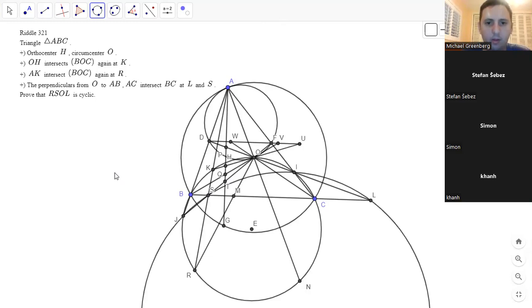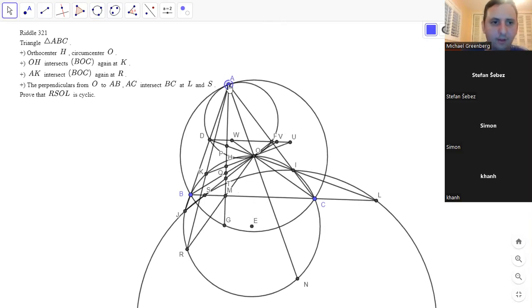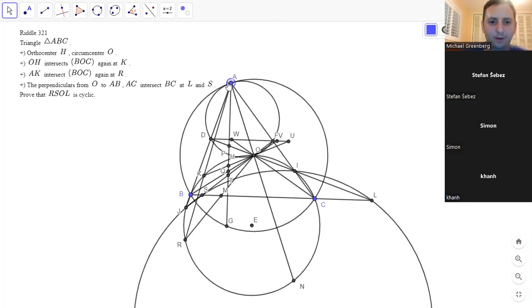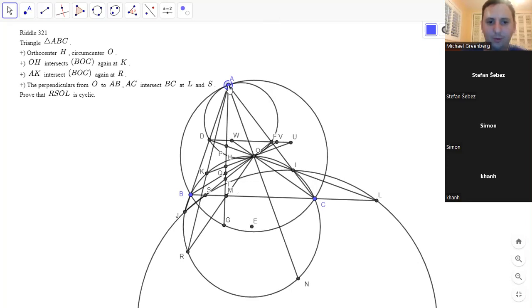Because if you can prove that, then it follows by an angle chase or maybe spiral similarity that RSOL must be cyclic too. Could you just move the diagram a bit, Michael? Okay. Oh, A, S, and R are not necessarily collinear. Yeah, that's what you were wondering.